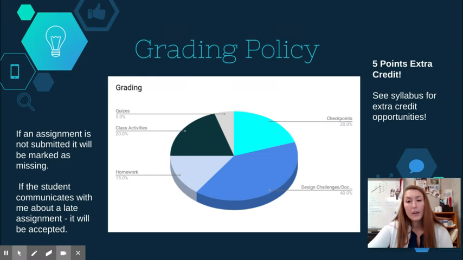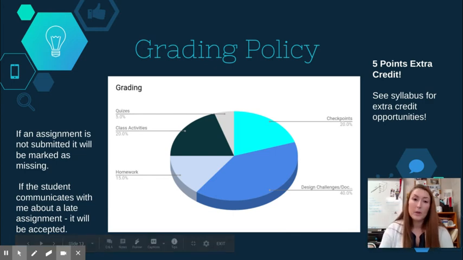It does not matter how effective their design is at the end, right? Everyone has different skills and abilities when it comes to actually producing a product. So the end result isn't necessarily what I'm focused on. I'm focused on the process and what the students learned throughout the process and what they were able to communicate during that process in their design documentation. So design documentation and design challenges are going to be the largest chunk of your students' grades.